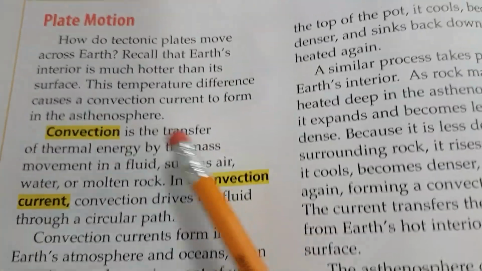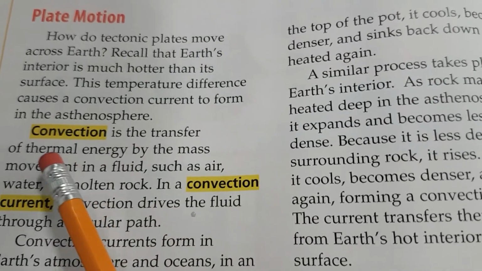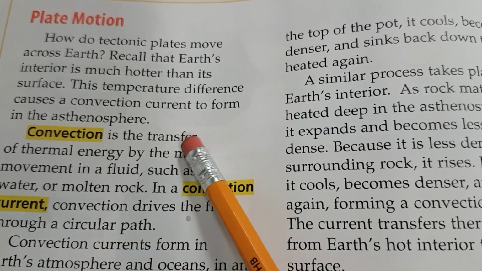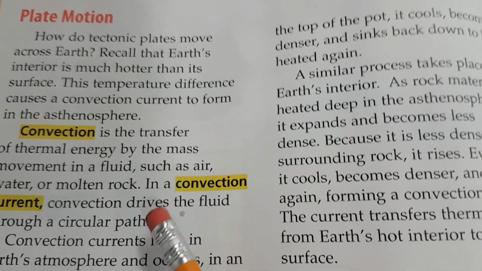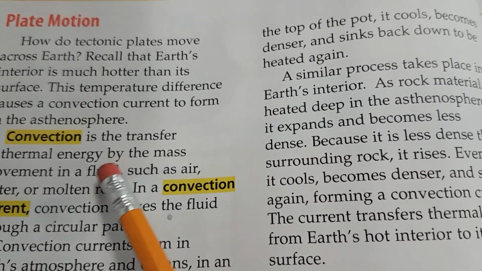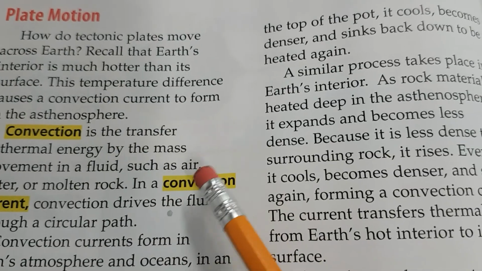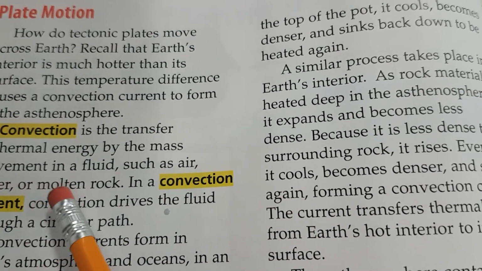Okay? Transfer of thermal energy. That means that heat is moving. Mass movement, what they mean is the actual physical stuff is moving. The fluid is swirling, or the air is blowing, or the water is swirling, or the molten rock is swirling.